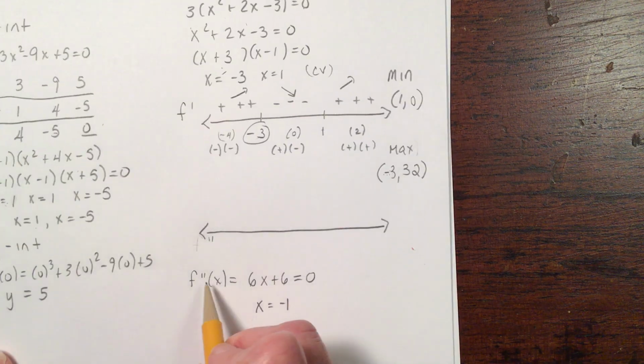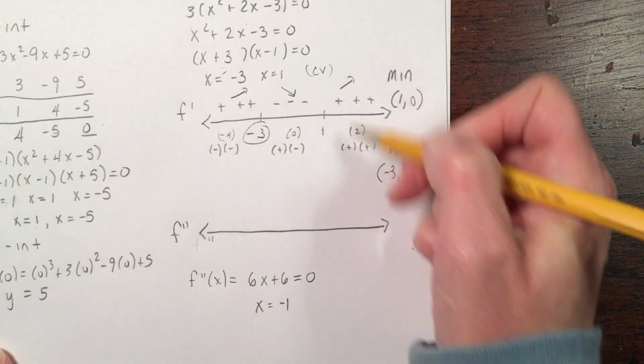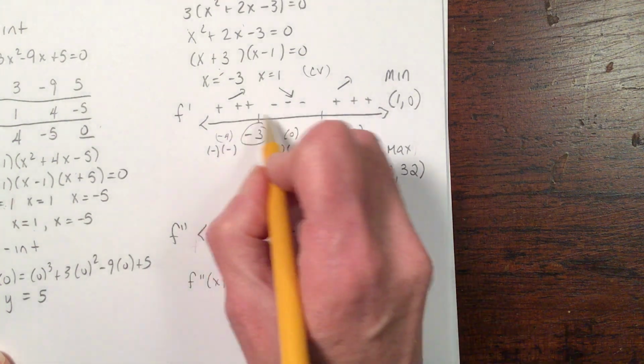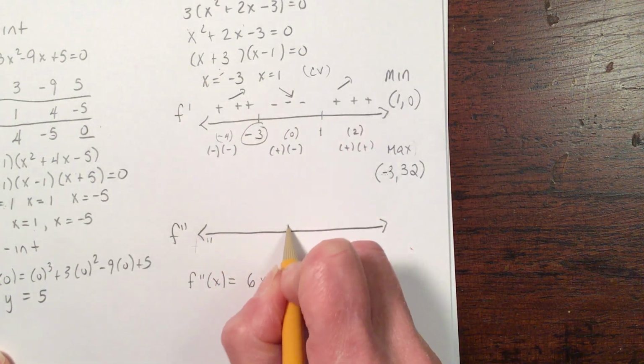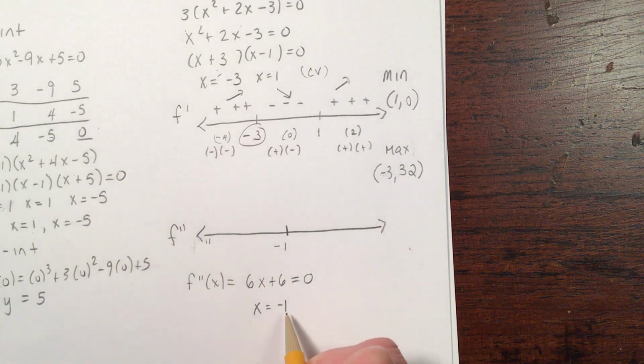Moving back down to the second derivative. Notice how I'm putting my number lines next to each other. I'm doing that on purpose. So my -1, if I was going to line these up, it's not great, but it should be about there. And if I test each interval now, remember we're testing in the second derivative.